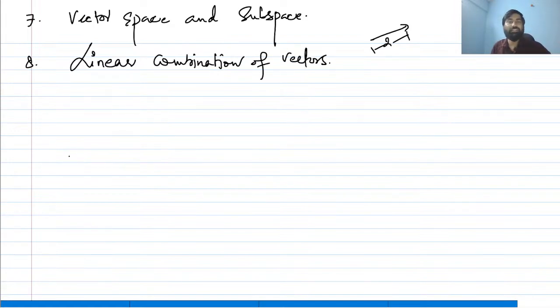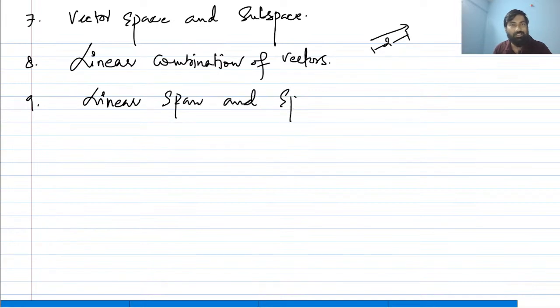If you understand the linear combination of vectors, then one very important topic will follow, that is span. You will be able to understand the meaning of span, so linear span and spanning set.